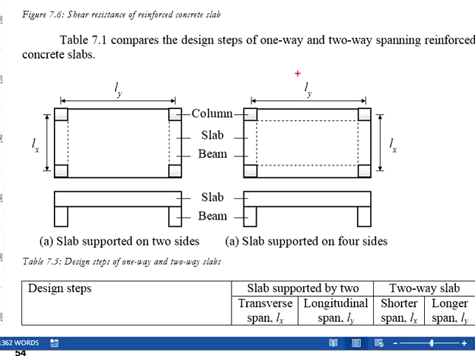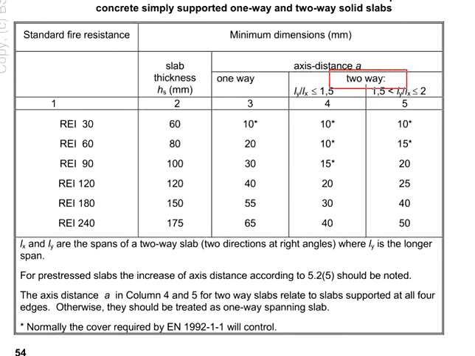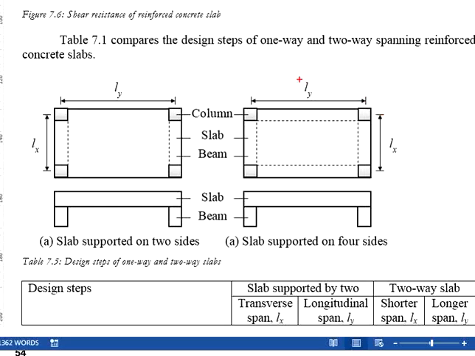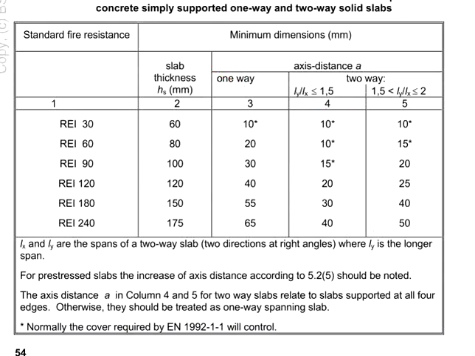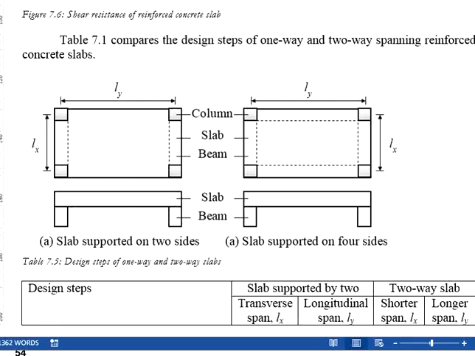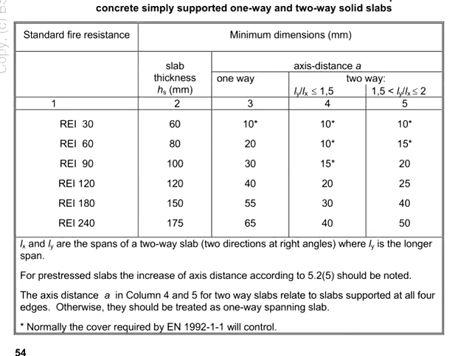We will look into the aspect ratio by having Ly per Lx. If Ly per Lx is less than 2.0 and it is supported by beams on all 4 sides, then that will be a two-way slab. And when Ly per Lx is more than 2.0, it is considered a one-way slab. And in the case that you have beams only on 2 sides, it is also a one-way slab.